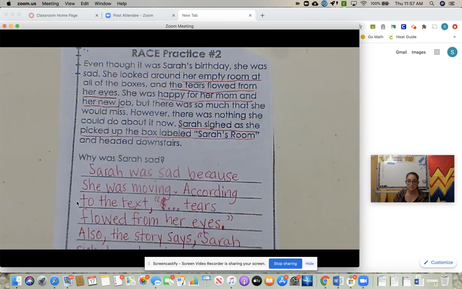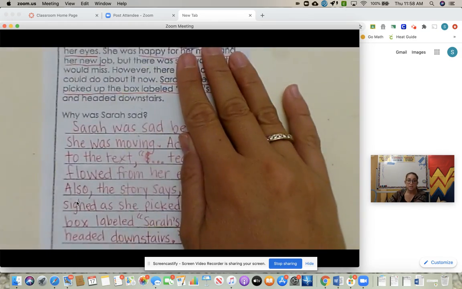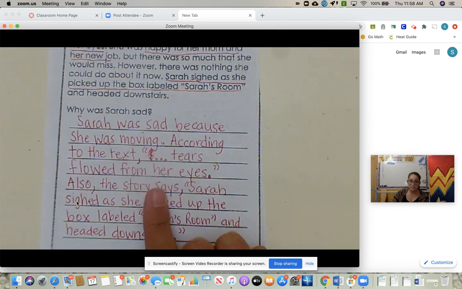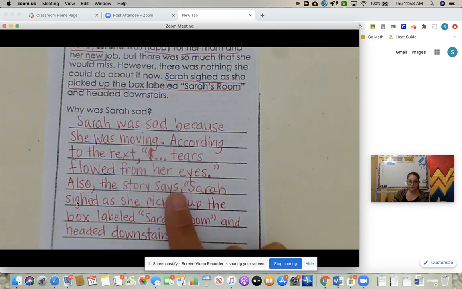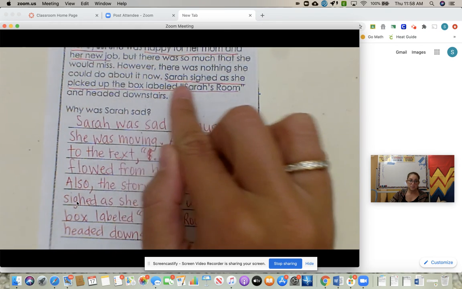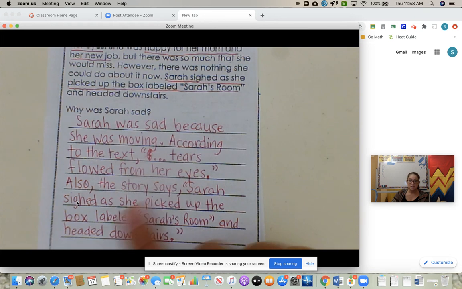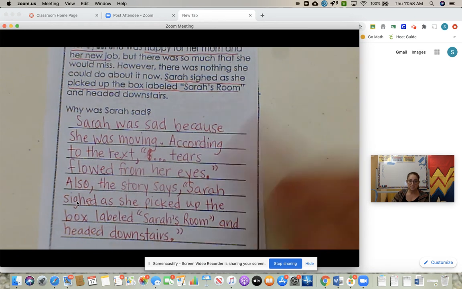So then we practice another C, just so we know. You can also say the story says with quote. So also the story says, comma, quote, Sarah sighed as she picked up the box labeled Sarah's room and headed downstairs. And that's exactly what we wrote. Sarah sighed as she picked up the box labeled Sarah's room and headed downstairs.